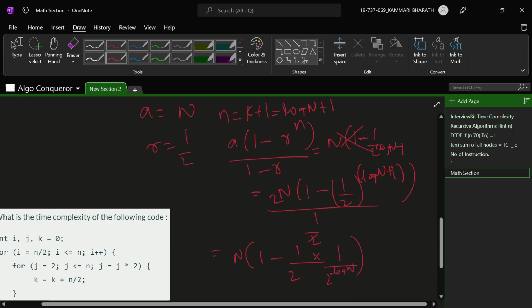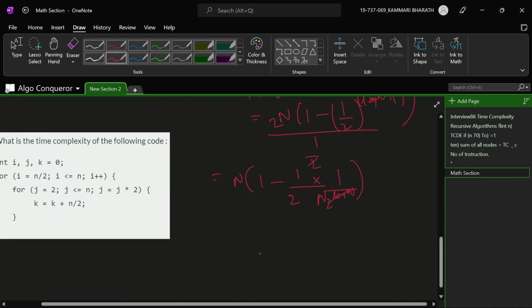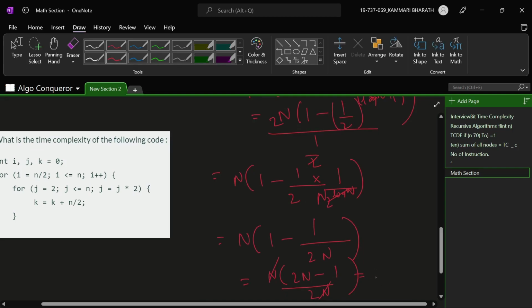I hope I'm correct. This 2 power log n is nothing but n. So the resultant equation will be n into 1 minus 1 by 2n, which is n into 2n minus 1 by 2n. N goes off, which gives us n minus 1 by 2. This is constant. Remove this.